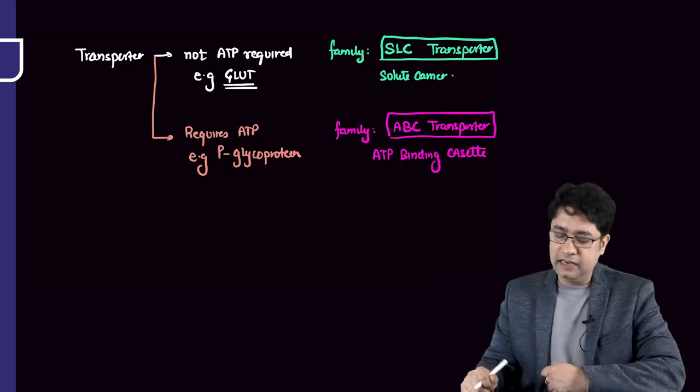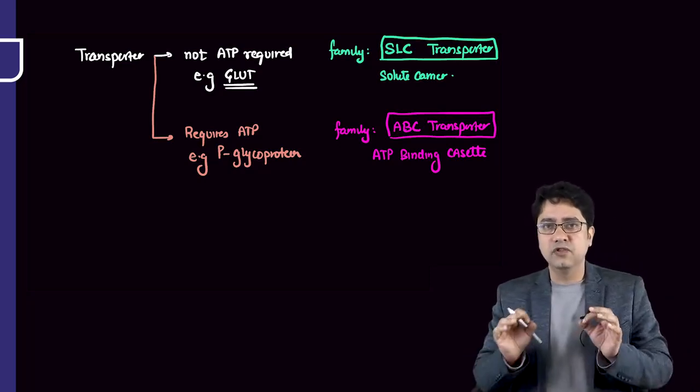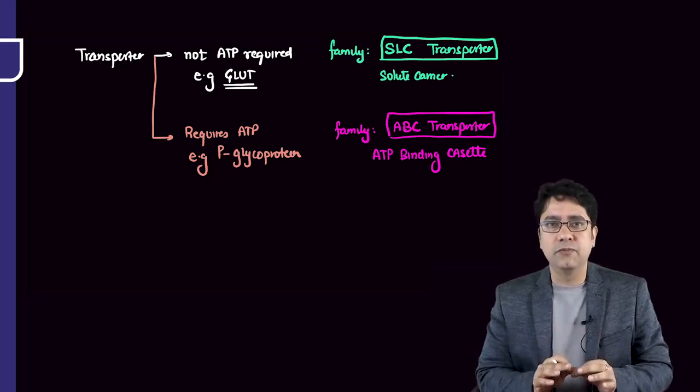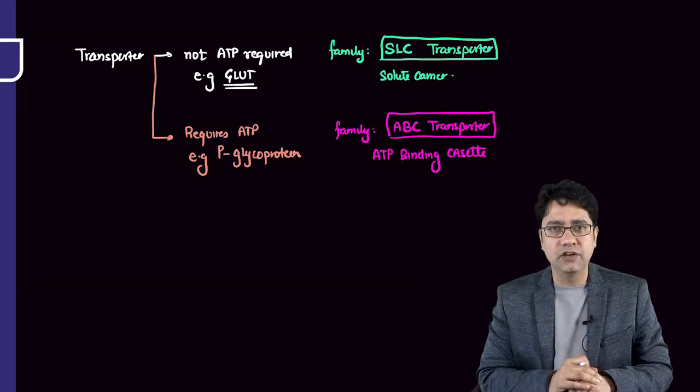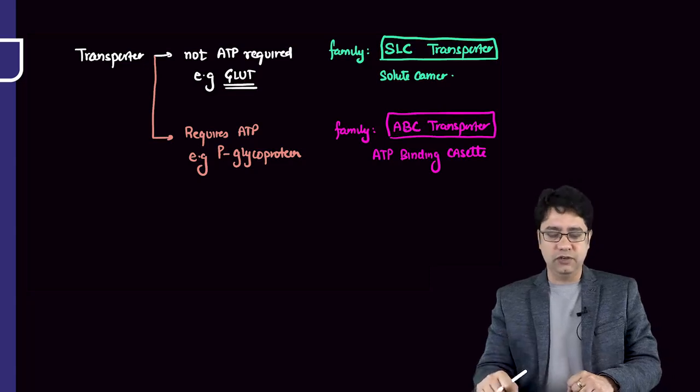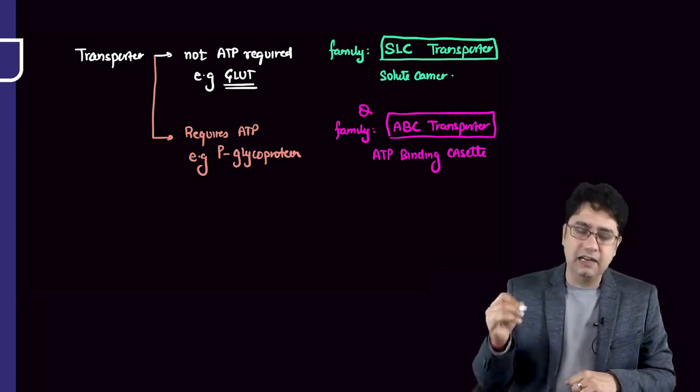It is known as ATP binding cassette. There was a question asked this year: P-glycoprotein is which type of transporter? It is an ATP binding cassette type of transporter. So this question was recently asked.